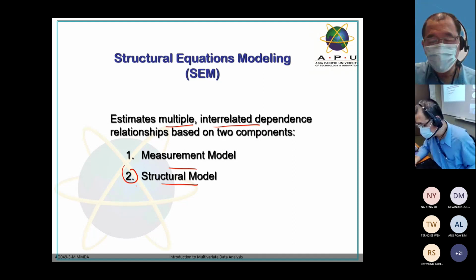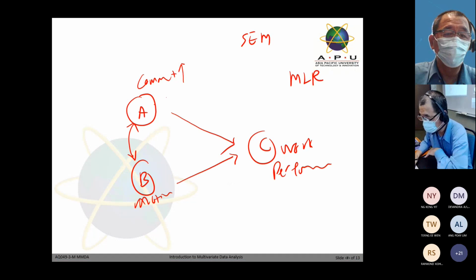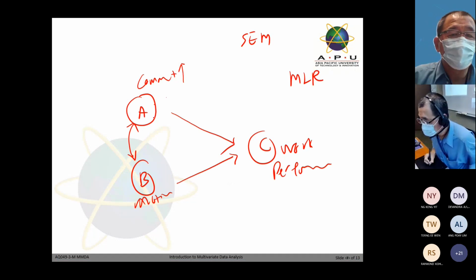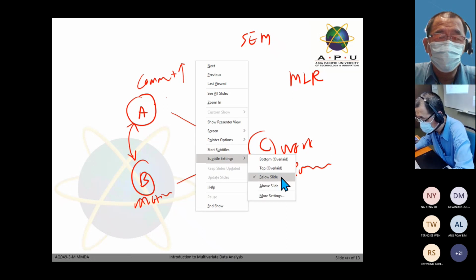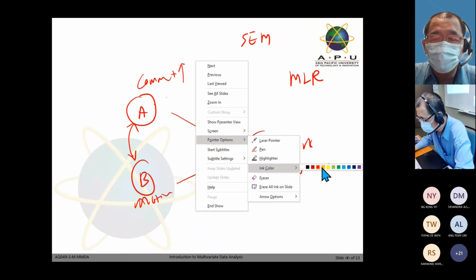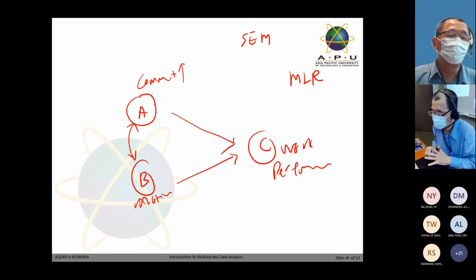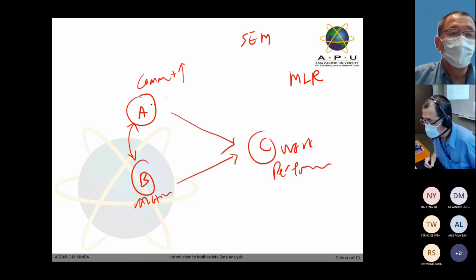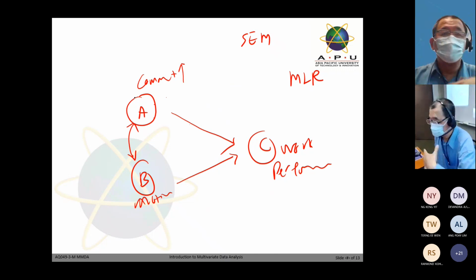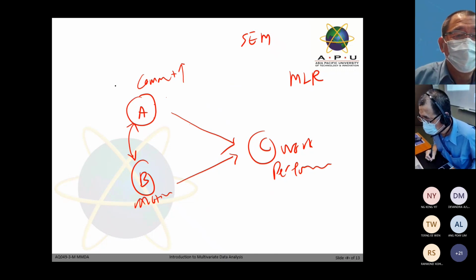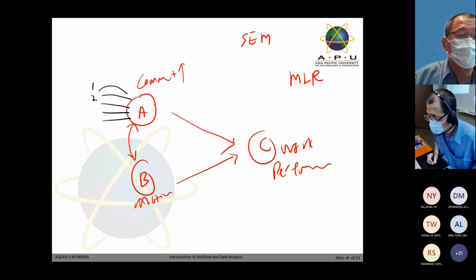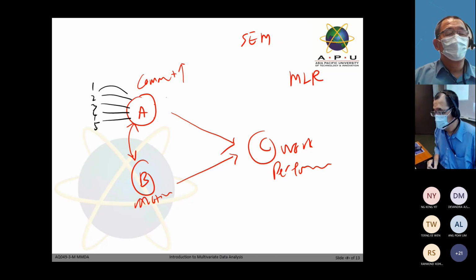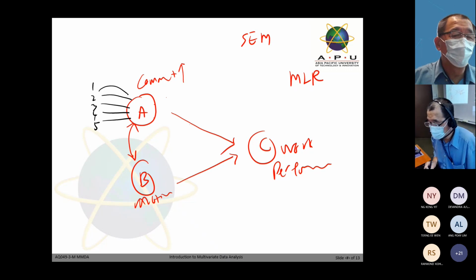We see the measurement model now. We can use a different color. We add a bit more, then it will be the measurement model. This one also discussed a little bit in the previous class that we may have, let's say, 5 items for us to measure the commitment. 1, 2, 3, 4, 5. We include this also in the model.